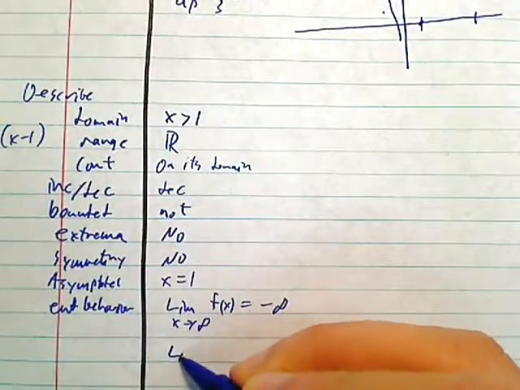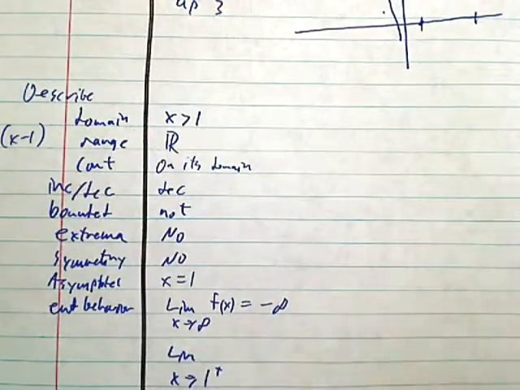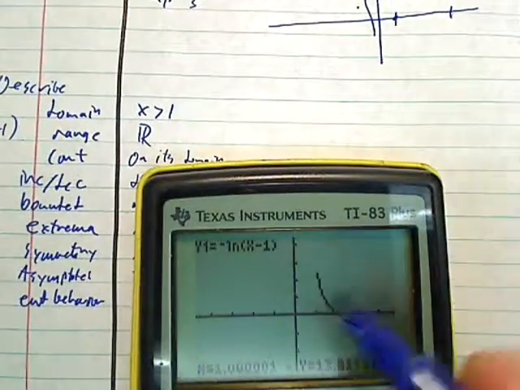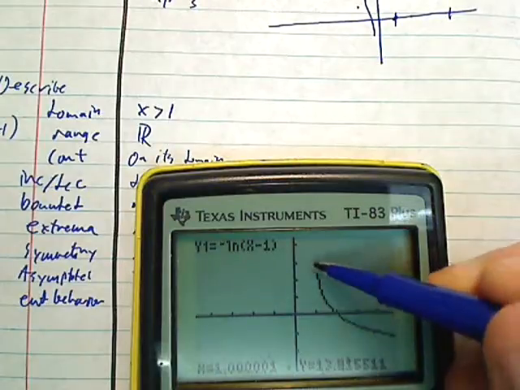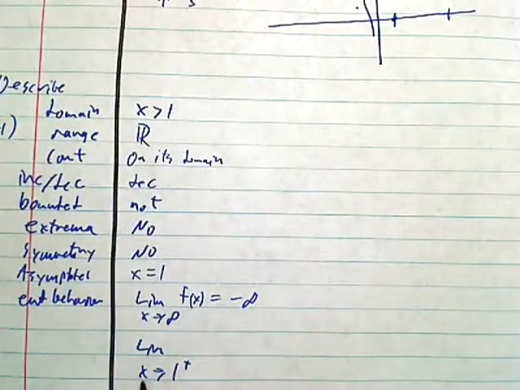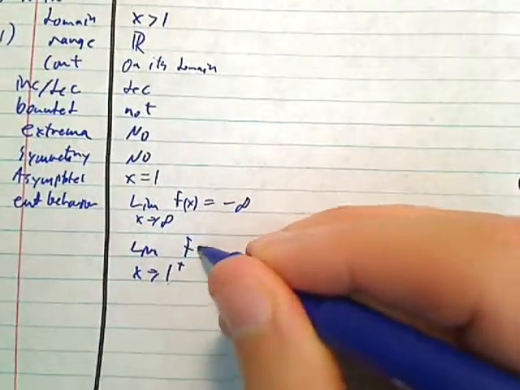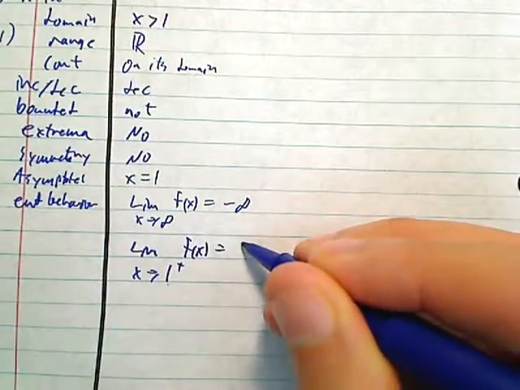And the limit as x approaches 1 from the right, okay, we have this other end here. It doesn't go off to infinity, but it ends here at 1. As x approaches 1 from the right, it goes up, up, and away to positive infinity. So the limit as x approaches 1 from the right, from the positive side of our function, is infinity.